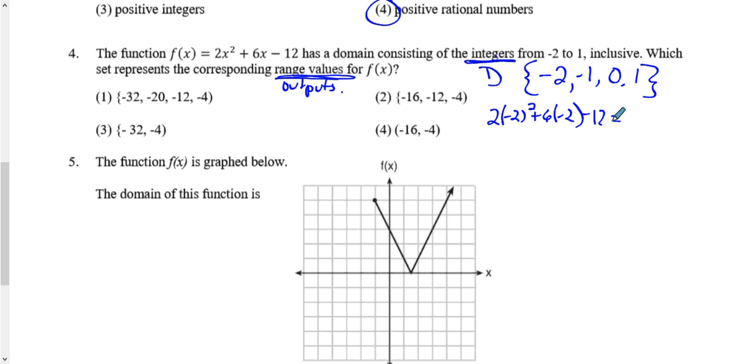What's -2 squared? 2 times 4 is what? So that's 8 for this part. 6 times -2, minus 12. What's 8 minus 12 minus 12?